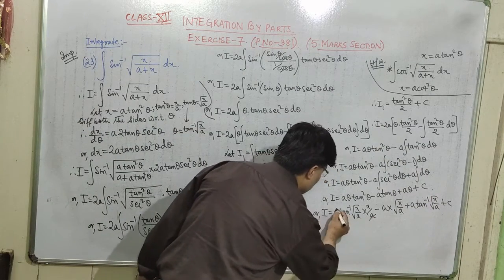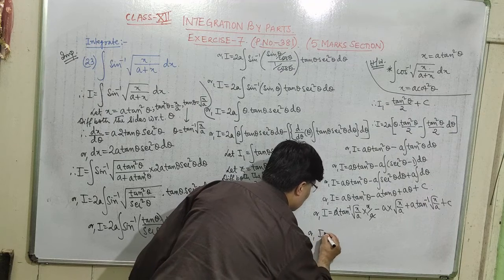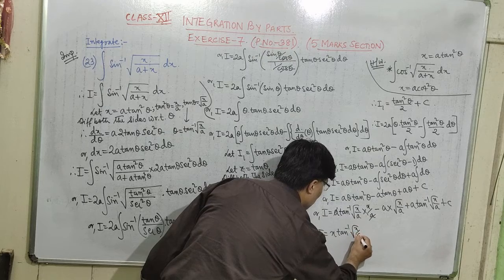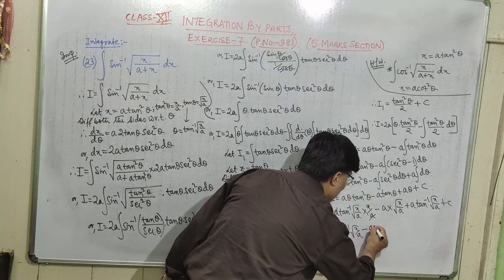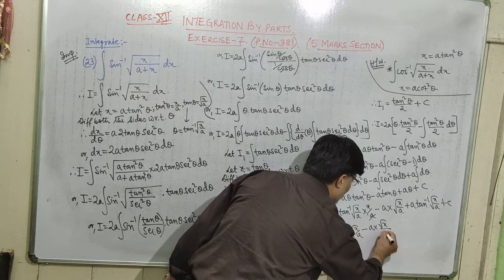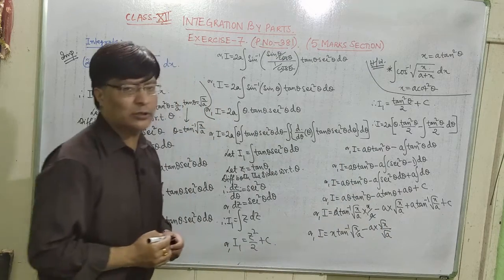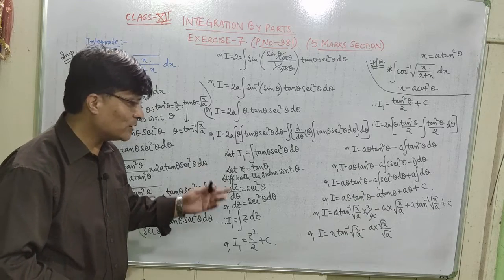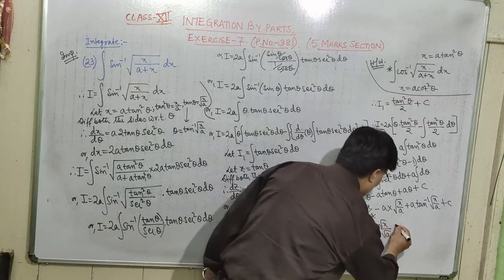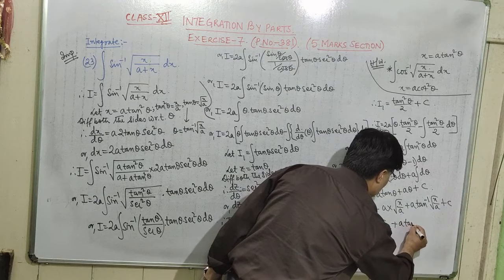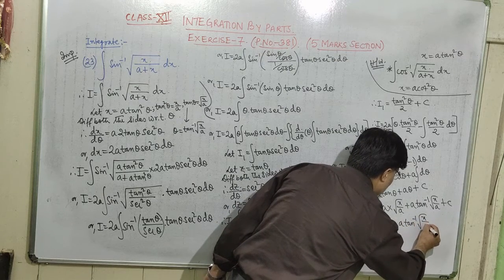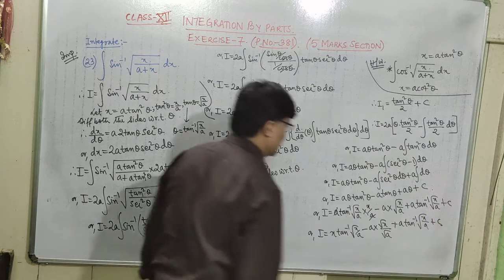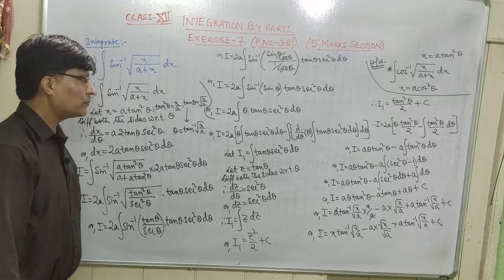So here you can cancel this, a gets cancelled. I is equal to x tan inverse root over x by a, minus a into root over x by root over a. You can separate the square root, both in the numerator as well as the denominator. Plus a tan inverse root over x by a, plus c. Is that clear?